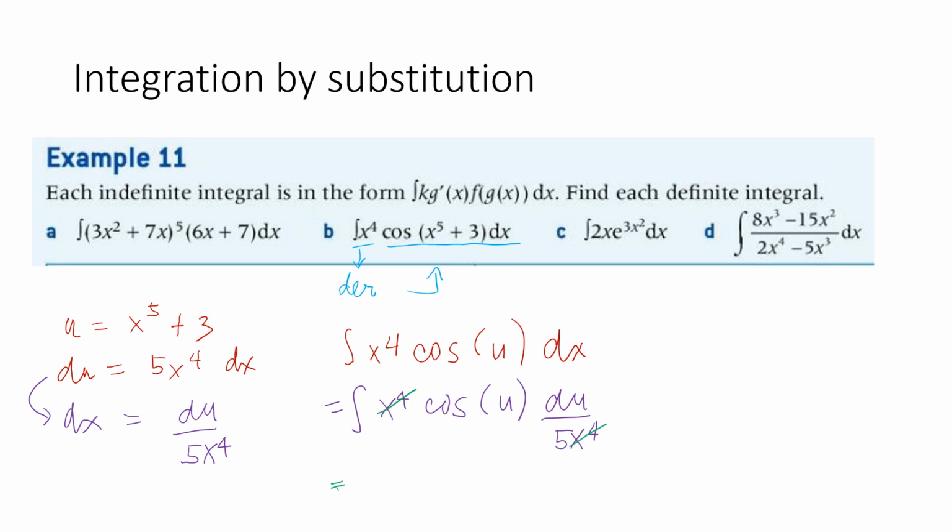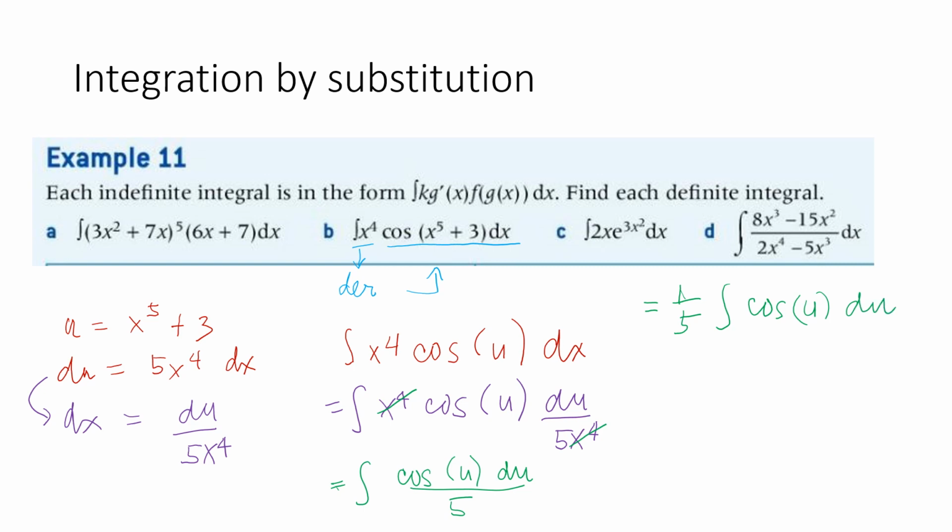So we are left with the integral of cosine u du over 5, and we can take out the constant, which is 1/5. So we're getting the integral of cosine u du.